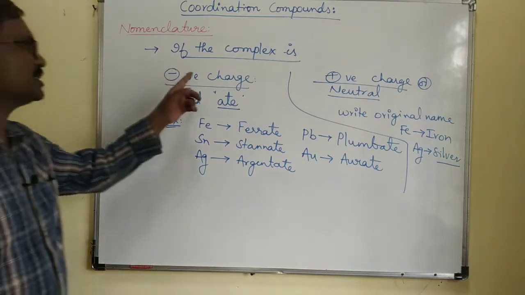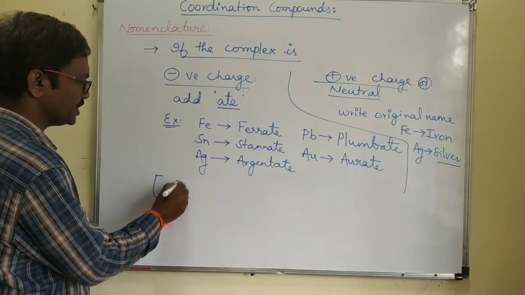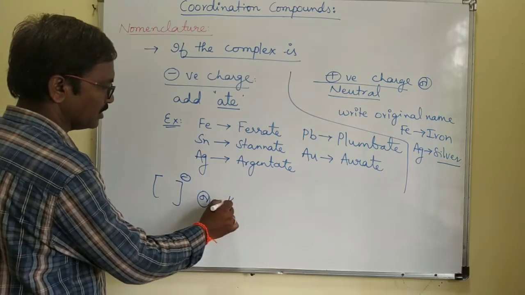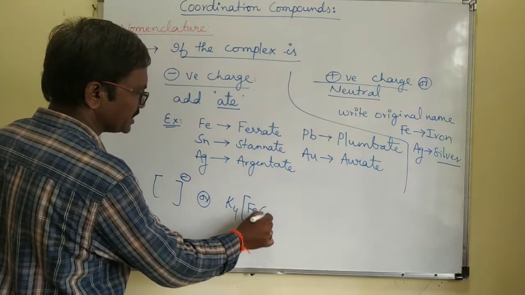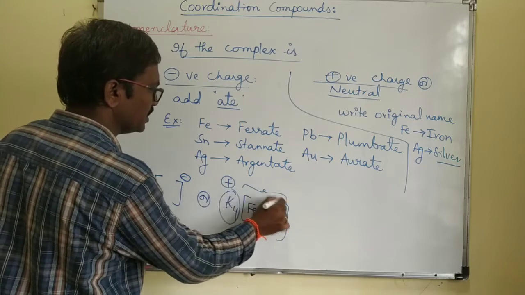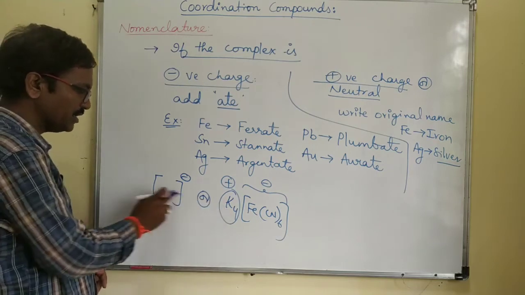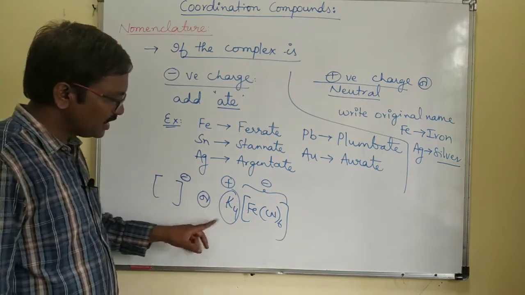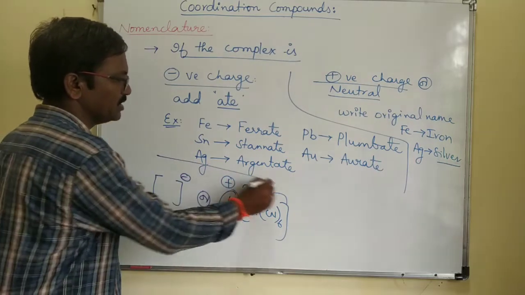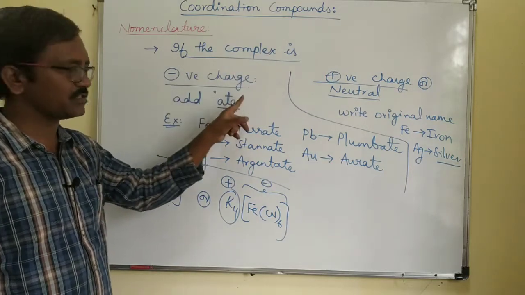Suppose the complex has a negative charge. Suppose this complex is the negative charge, either like this or, as I told you, this one is positive and this one is negative, or the complex without an ion. If the complex is negative, you should add ate.